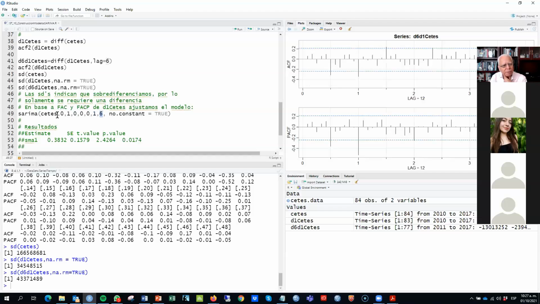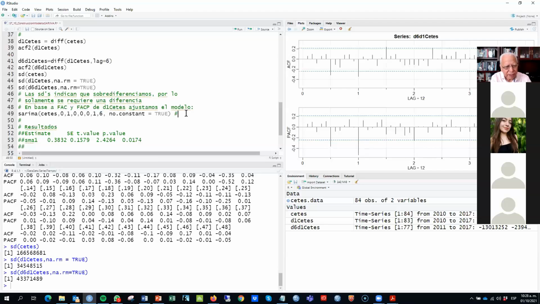Okay, that's the order p, d, q in lowercase, and then capital P, capital D, capital Q, and then the seasonality. That's the order always.